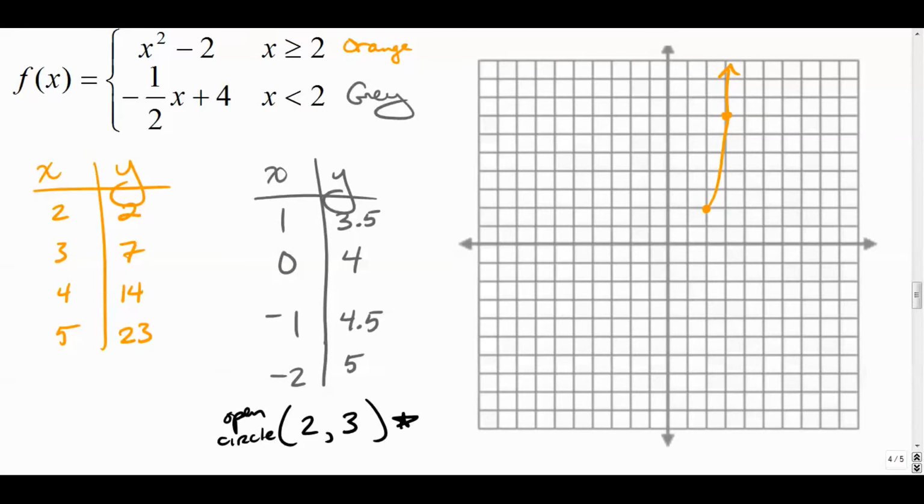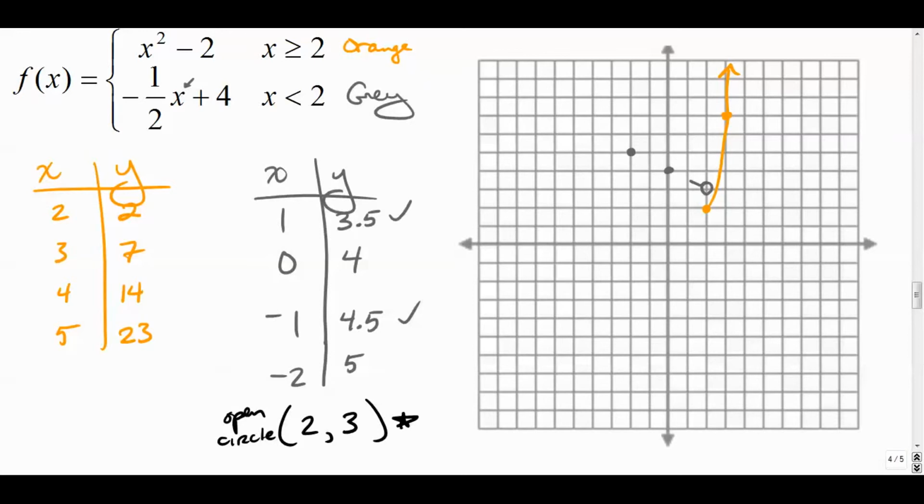So I'm going to plot them. I'm going to plot my open circle first. So over 2, up 3, 1, 2, 3, open. 0, 4, 1, 2, 3, 4, and negative 2, 5. Notice I'm not plotting these because it's a little hard to plot half values. Negative 2, comma 5, 1, 2, 3, 4, 5. This is a linear function. I know that because of the exponent right here.